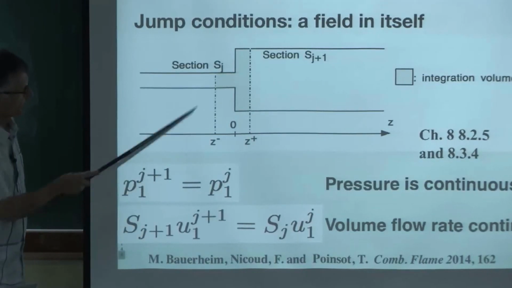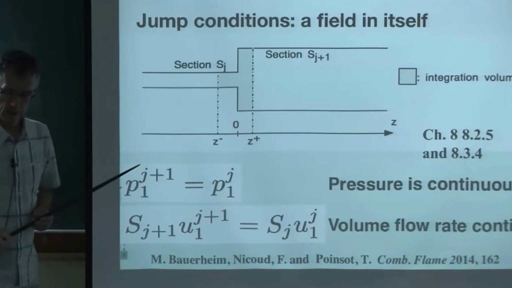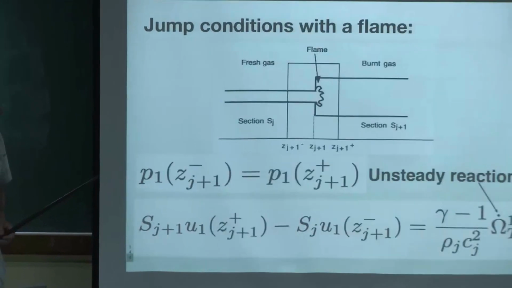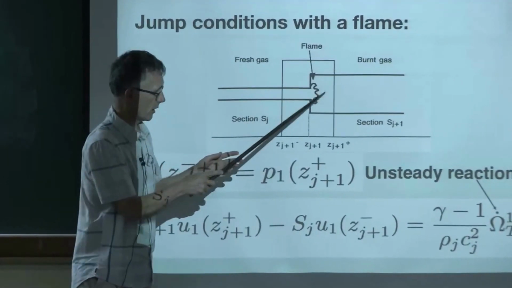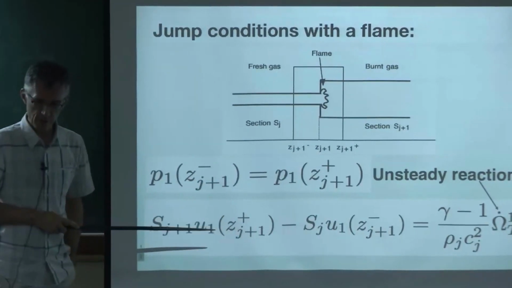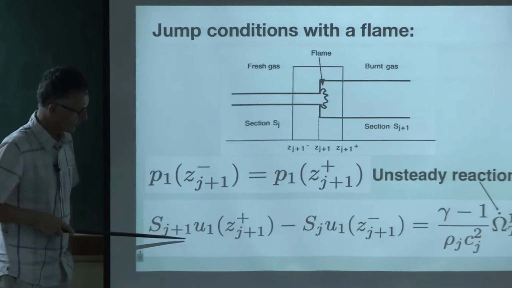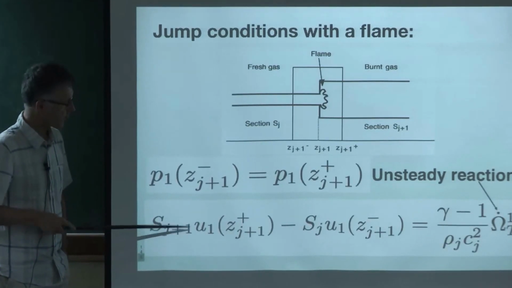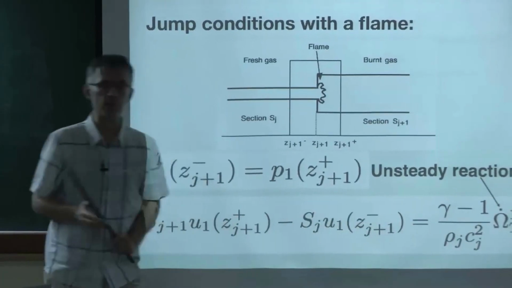That gives you a way to stick these two things together. And there is one special case, of course: at some point you need a flame somewhere. If you have a flame somewhere, you can derive the jump conditions, and basically they're going to say that SU, the product of cross-section surface by velocity, is changing because of the unsteady heat release.